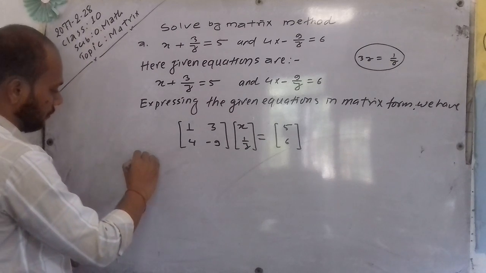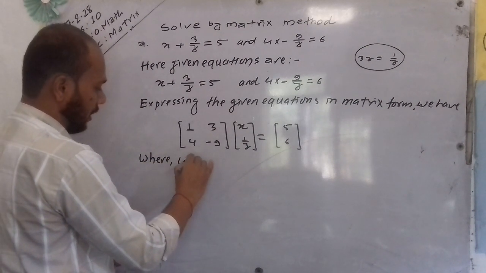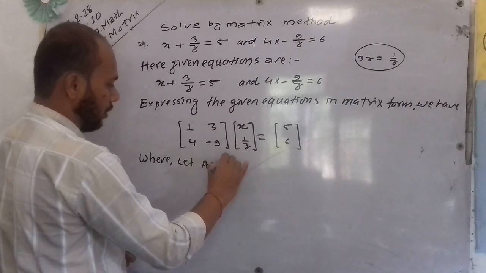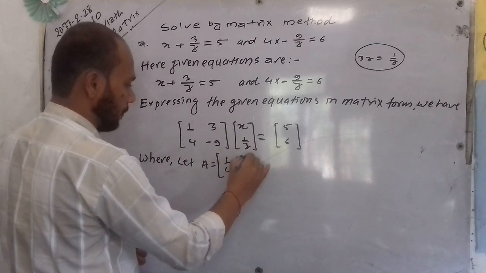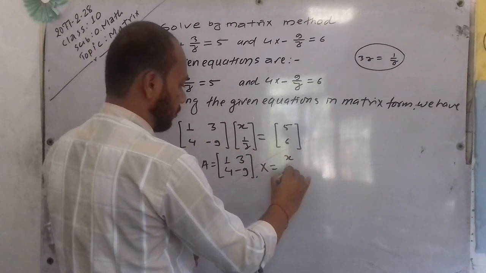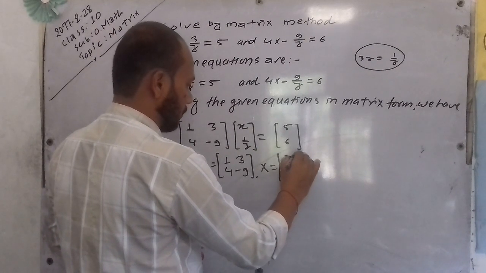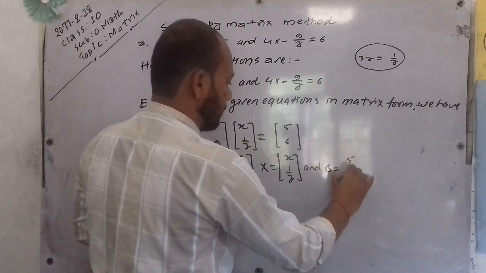And where let A be the matrix 1, 3, 4, minus 9, X be the matrix x, 1 by y, and B be the matrix 5, 6.